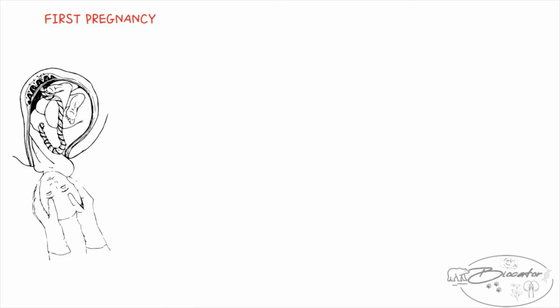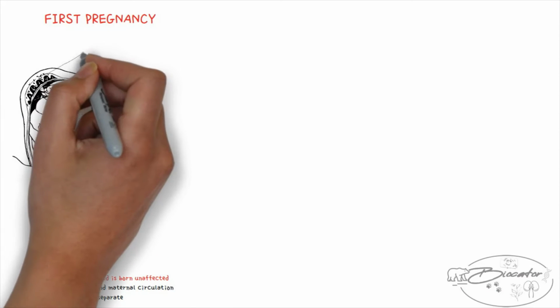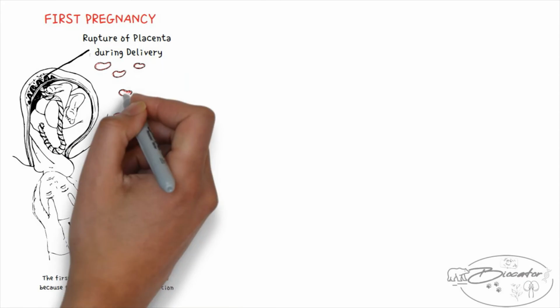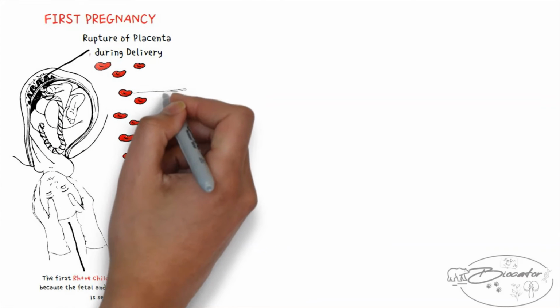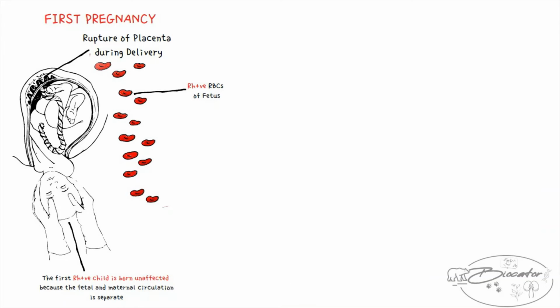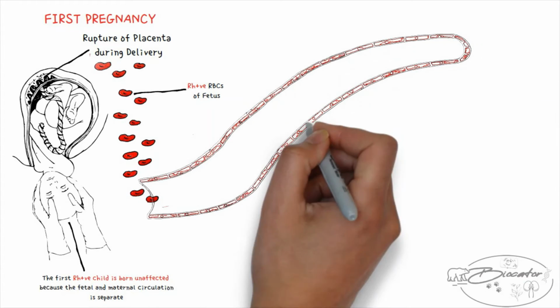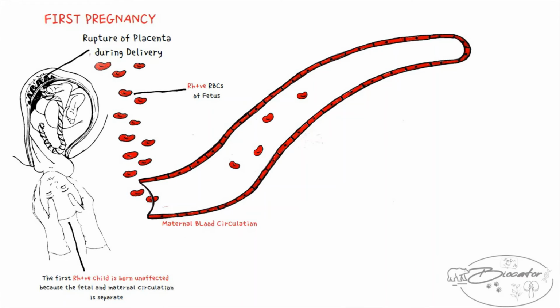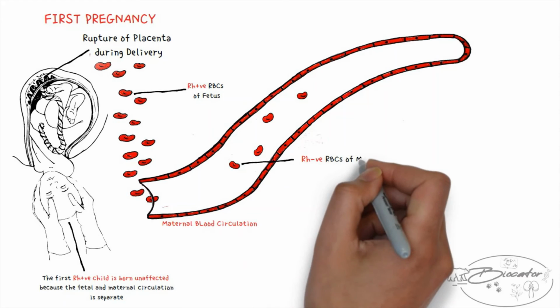During the first pregnancy with an Rh positive fetus, her first Rh positive child will be unaffected, will be normal, because the fetal and maternal circulatory systems are separate. But during the delivery process, there is a rupture of the placenta, and the Rh positive red blood cells of the fetus will enter the maternal circulatory system, in which we have Rh negative red blood cells.